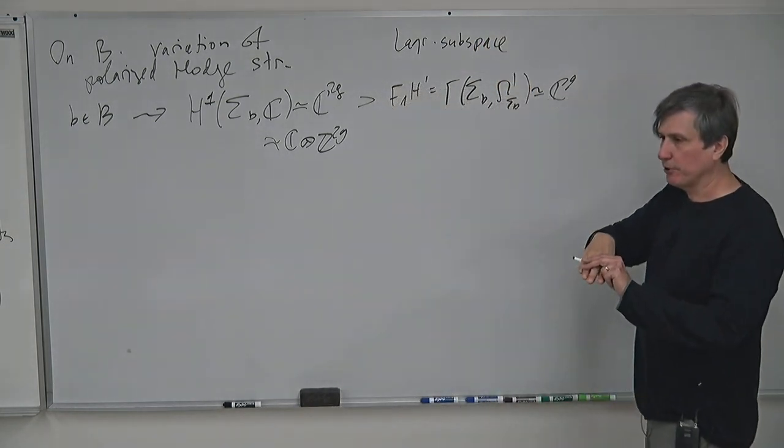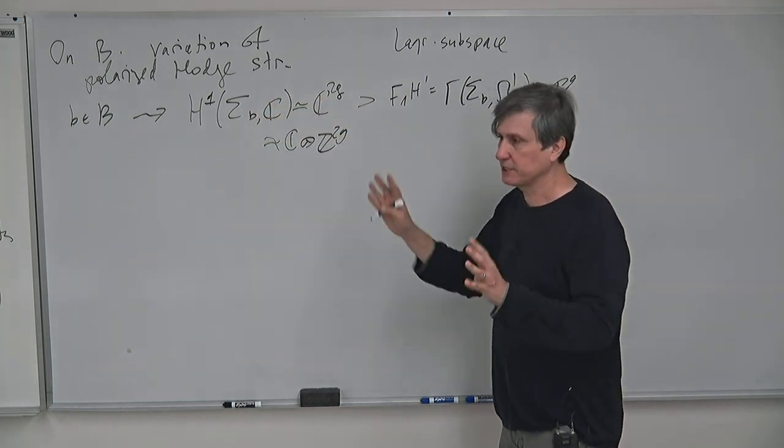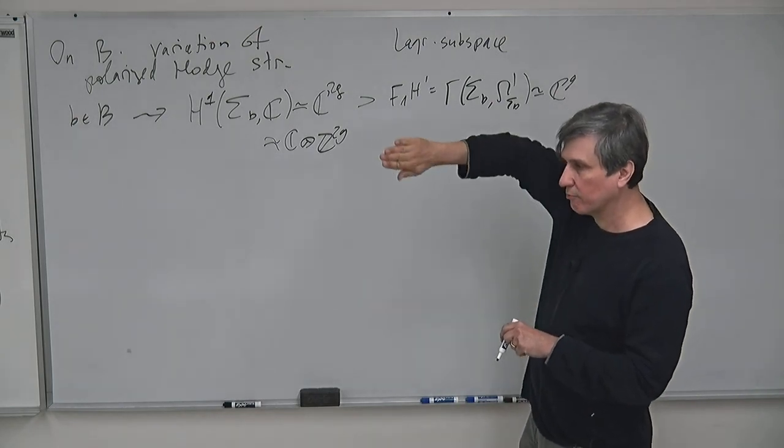So it means that for each point, locally the cohomology stays the same. It's just the same vector space, and I have a moving Lagrangian subspace here.